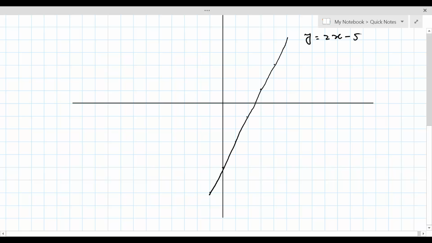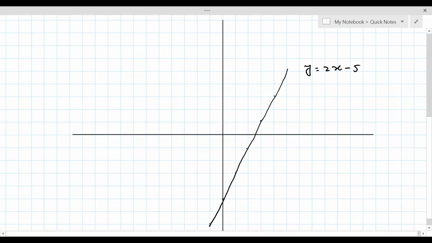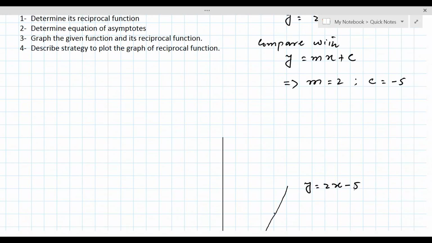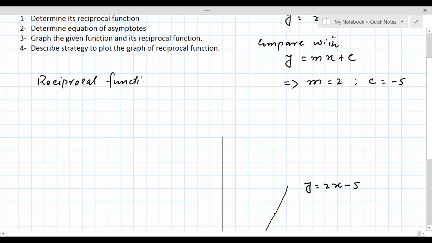Now we want to graph the reciprocal function of the given straight line or linear function.